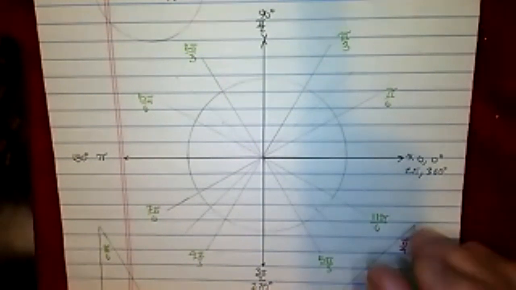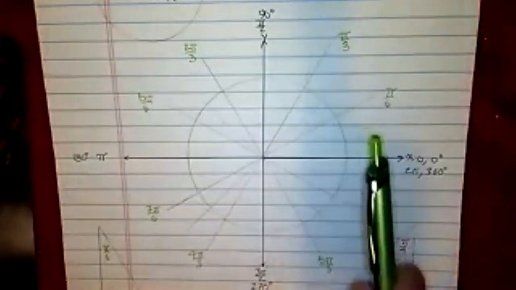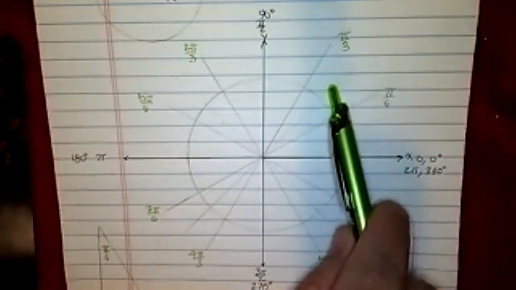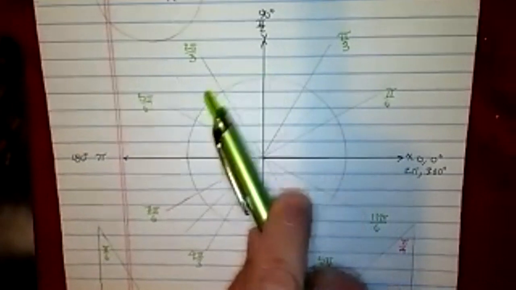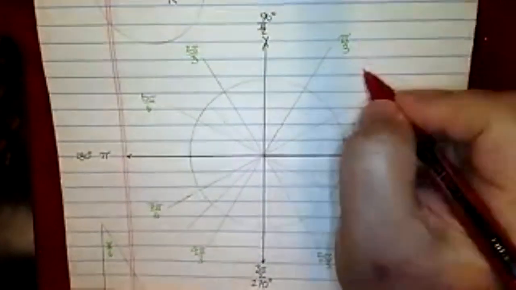Now, you might also notice the lighter line cuts 0 to pi into 1 slice, 2 slices, 3 slices, 4 slices. So clearly that angle is going to be pi over 4.